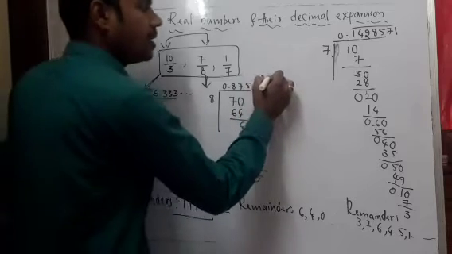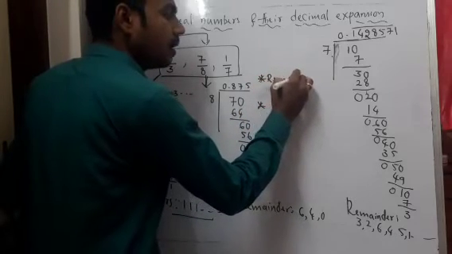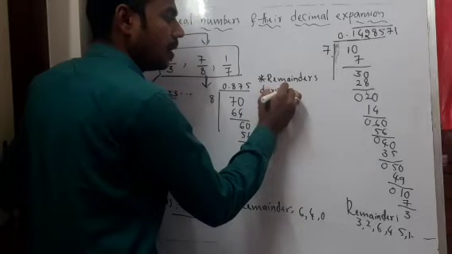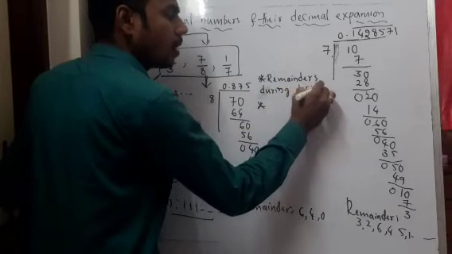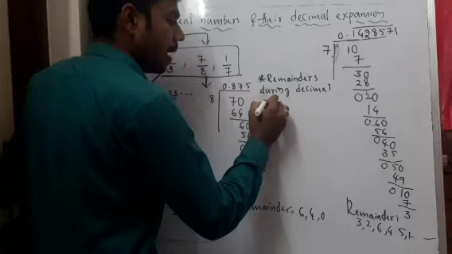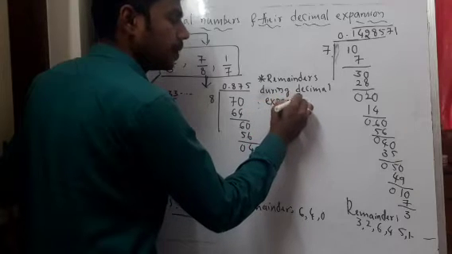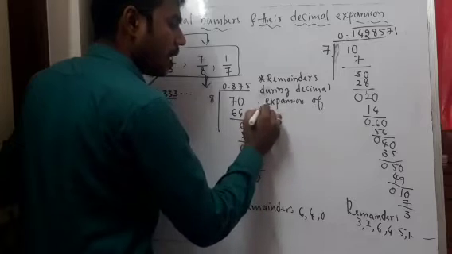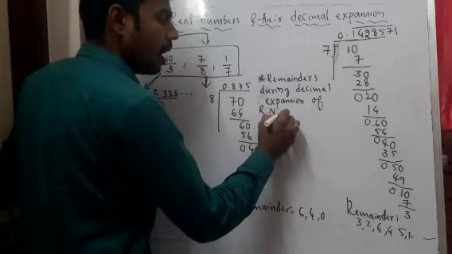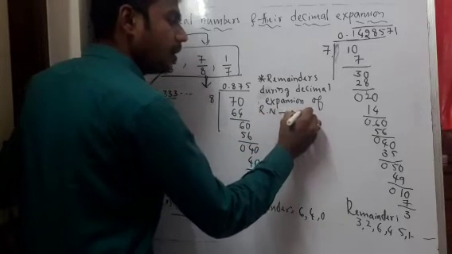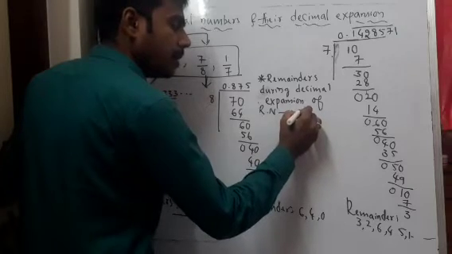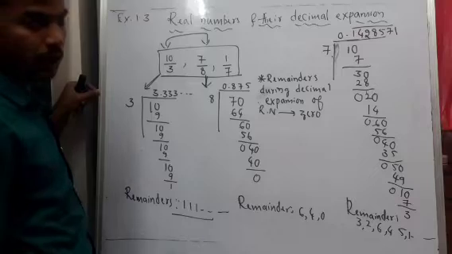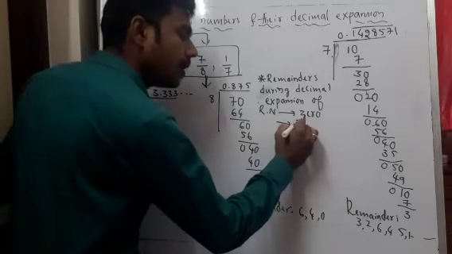So what we can say is, during the decimal expansion of rational numbers, what is going to happen? Either the remainder will become 0, or the remainders repeat themselves.